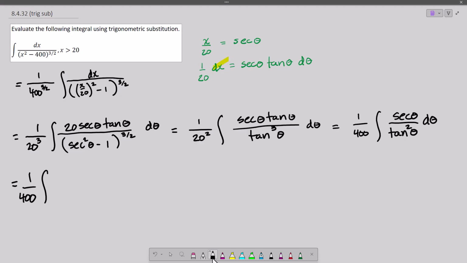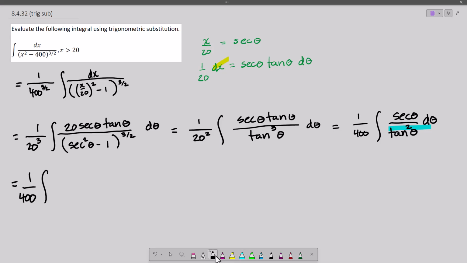Going with the Pythagorean theorem doesn't make sense because that will introduce a denominator that's equal to secant squared minus 1, and we cannot split a fraction when the denominator is multi-termed. So we don't want to create two terms from one in the denominator. In the numerator, that's a good thing because then you can split the fraction. But in the denominator, we want a single term, so we're not going to do that.